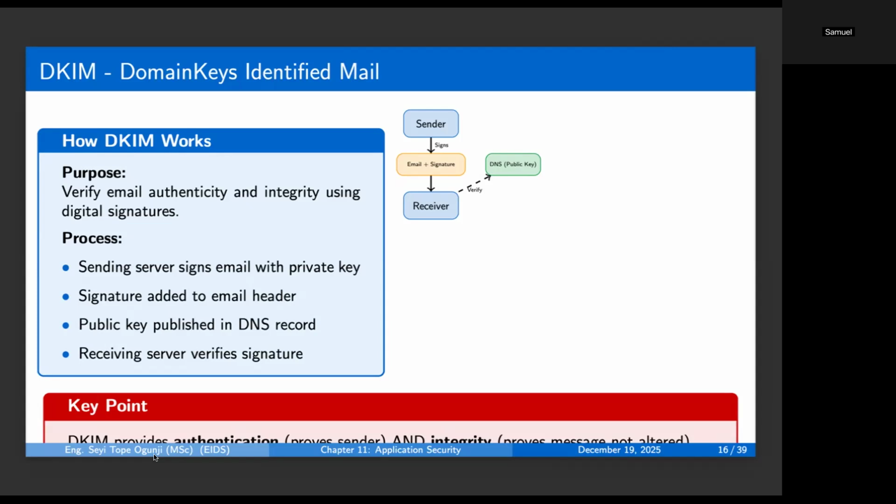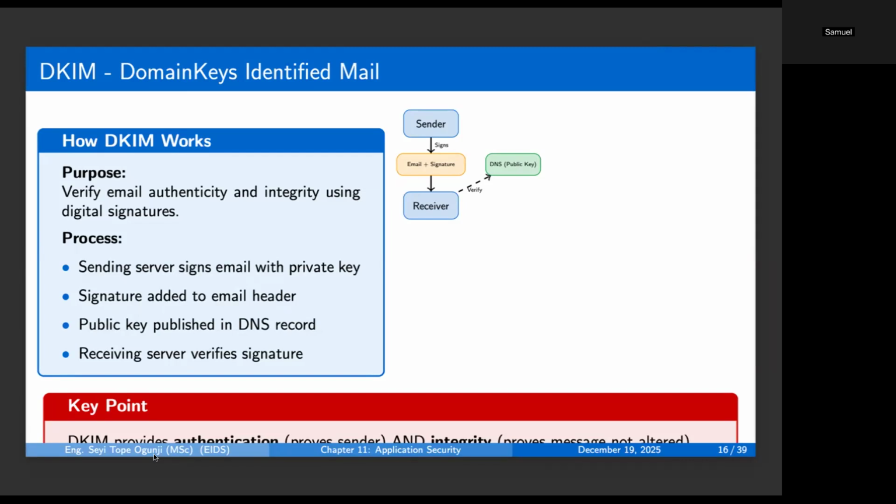As we said earlier in the course of the training, the idea behind cybersecurity is to ensure the CIA. So everything we do always revolves around these blocks. So I is integrity confirmation, and DKIM confirms that in email authentication.